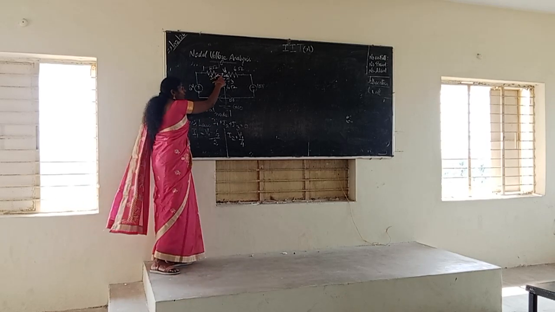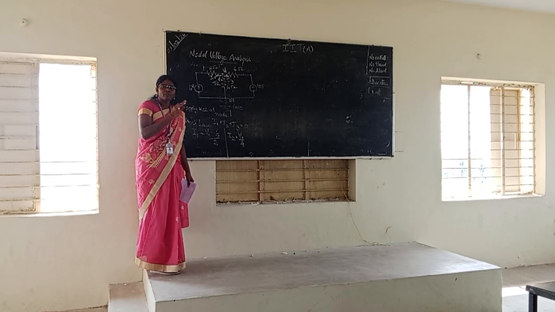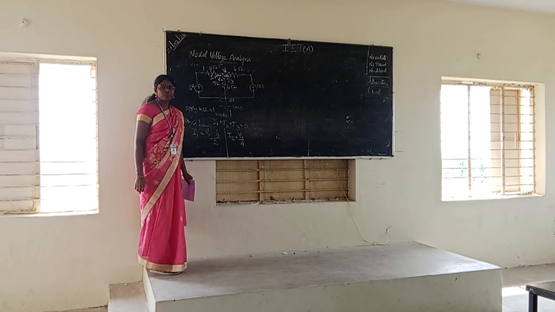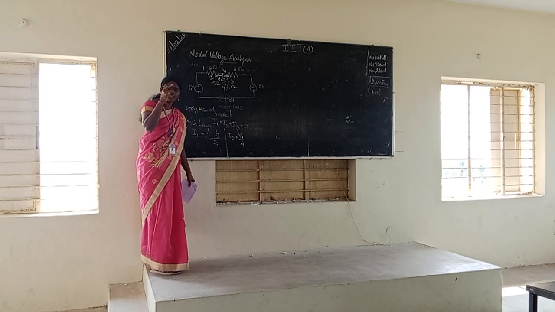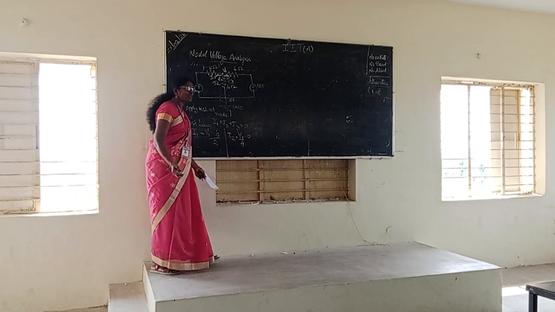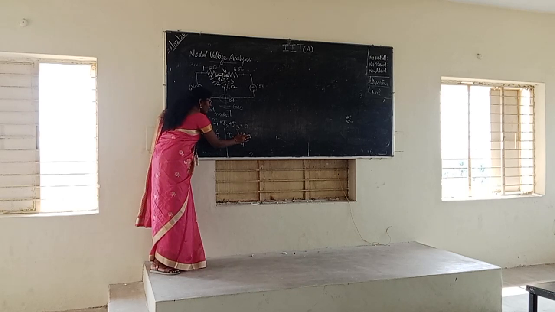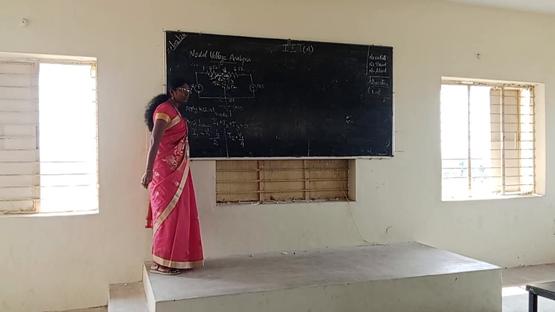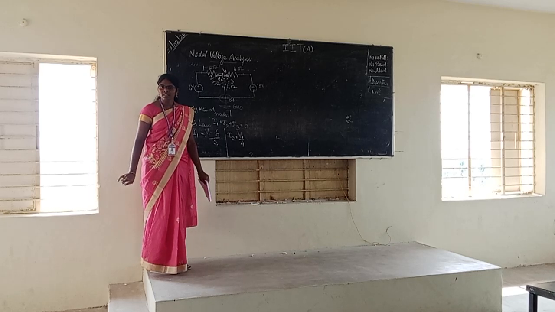In the earlier one, one end of the resistance is connected to V1 and the other end to 6, so we did V1 minus 6 by the resistance value 2. Here the two terminals of the resistance are connected to V1 and ground only. If you want, you can put V1 minus 0 because the other end is 0, but there is no need to mention that. Just V1 by the resistance 4. Clear up to this?